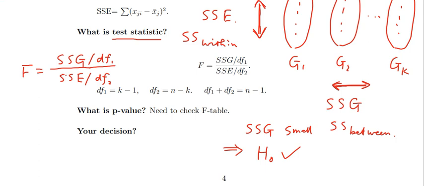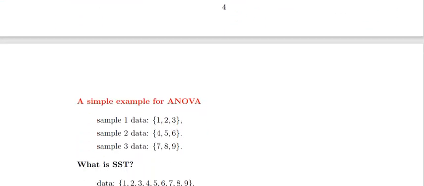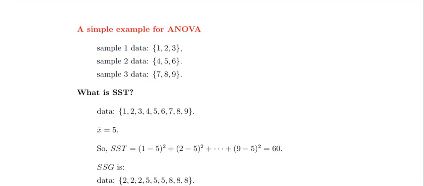Okay, so now let's use this very simple small data set to explain how to find SST. Let's check the ANOVA. SST can be split as SSG plus SSE. So let's confirm this for this small, simple data.